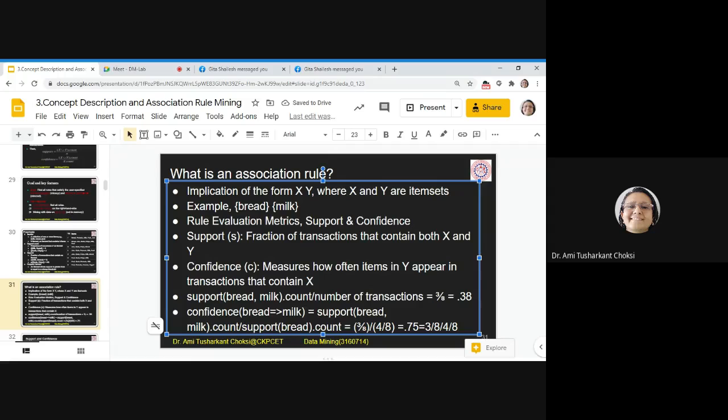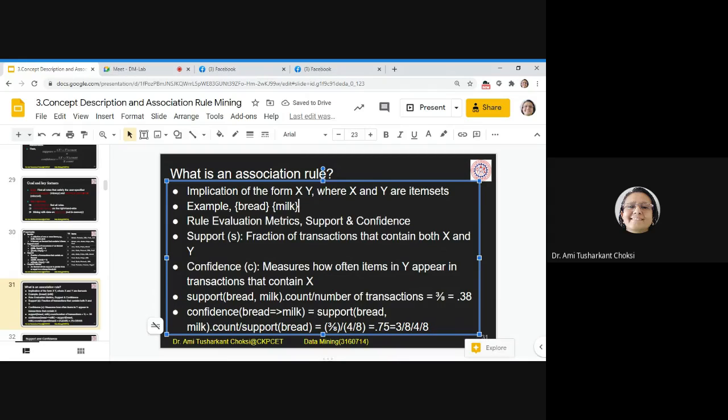Support count of bread and milk is 3 by 8, and upon the support of bread, that is 4 divided by 8. So this 8 gets cancelled, and that is why people directly say support count of bread, milk upon support count of bread. So we can write it as 3 by 8 upon 4 by 8. This is just to explain to you.